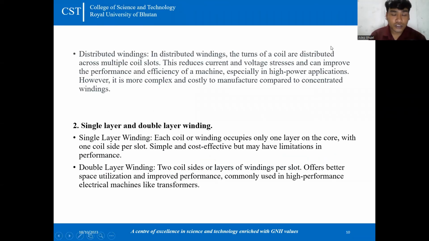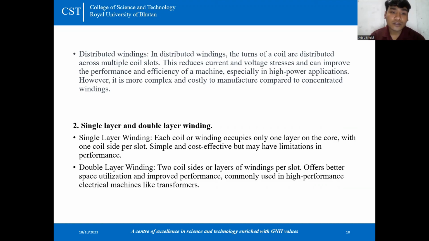Next we have distributed winding. In distributed winding, the turns of the coil are distributed across multiple coil slots. This reduces the current and voltage stress and can improve the performance and efficiency of the machine, especially in high power applications. However, it is more complex and costly to manufacture compared to concentrated winding.